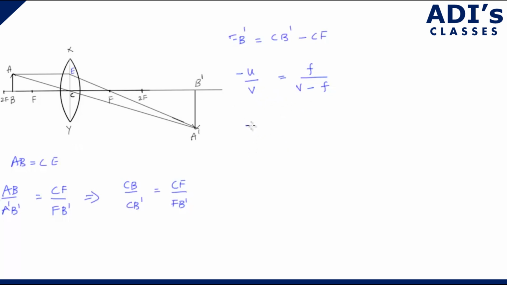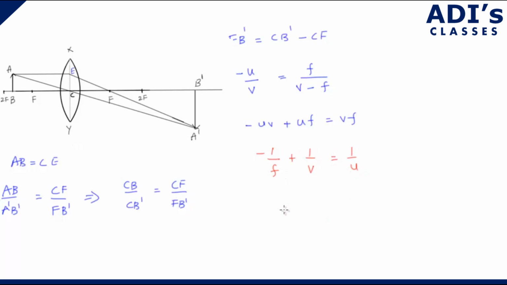Cross multiply, and you get minus UV plus UF is equal to VF. Now divide both sides by UVF, and we end up with minus 1 by F plus 1 by V is equal to 1 by U, right?